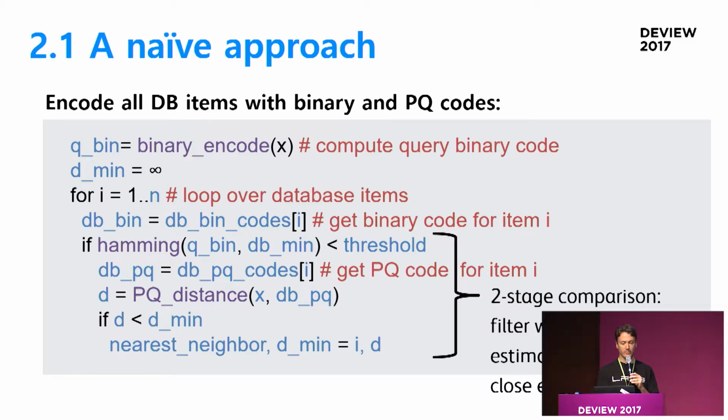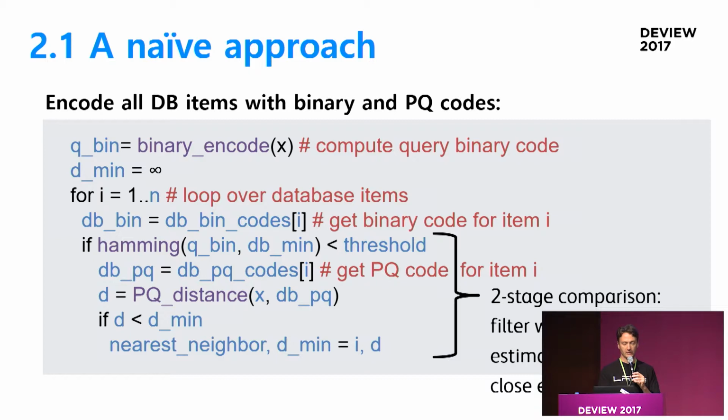Then when I loop over all my database items, for database item i I get the binary code. If the Hamming distance between the query and the database item is below a threshold, then I can compute the PQ code and perform the PQ distance.